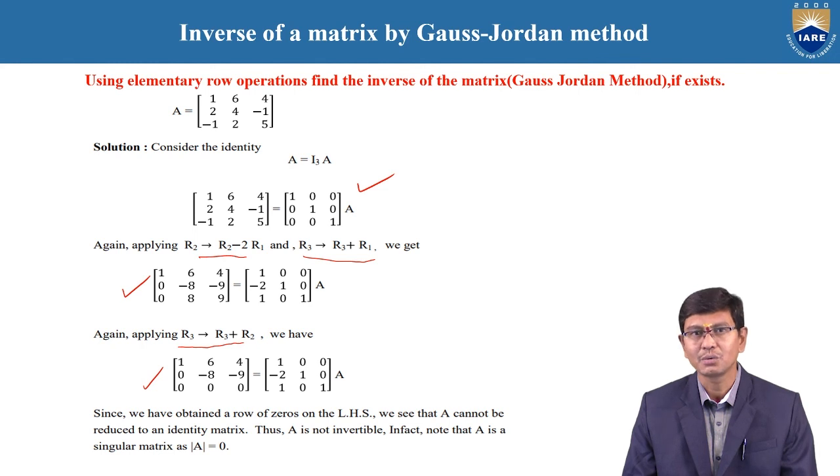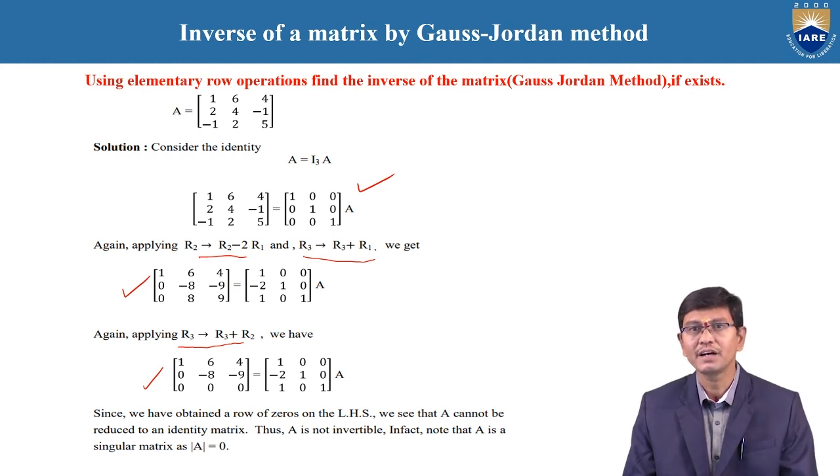According to these two row operations, the final row changed to 0 0 0, but we needed 0 0 1, which is impossible to get. Therefore, the inverse of this matrix does not exist.